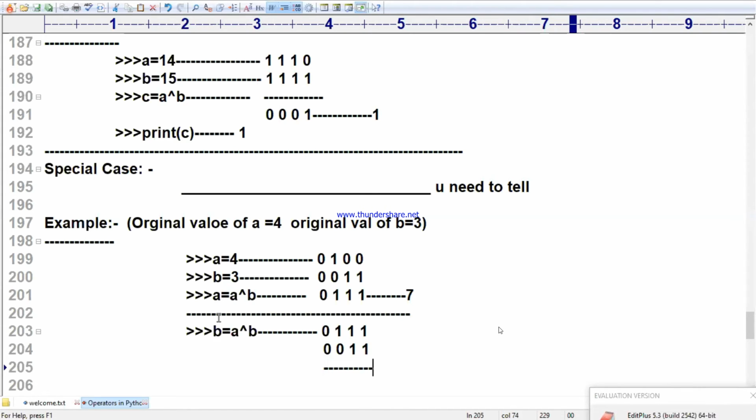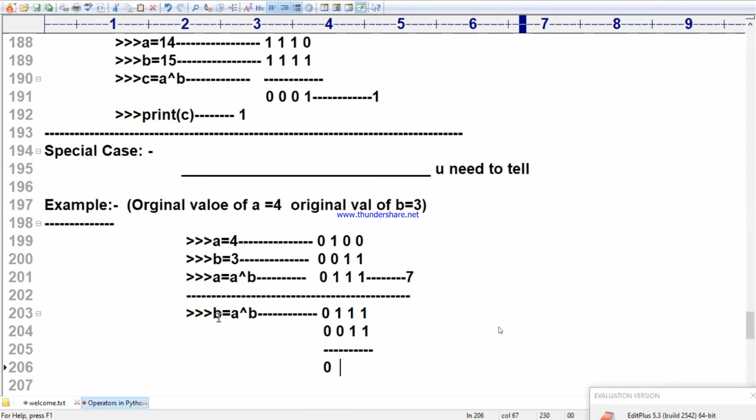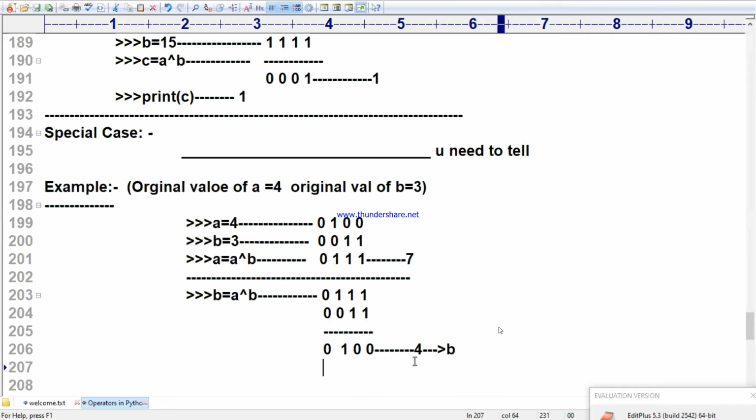The result is 0 1 0 0, which is 4. It is the value of B now. Actually, it is the original value of A, shifted to B.